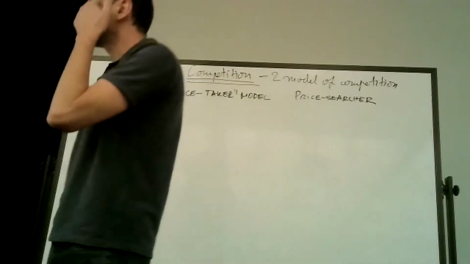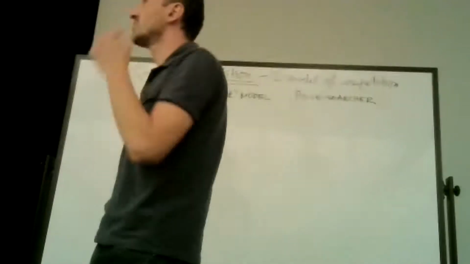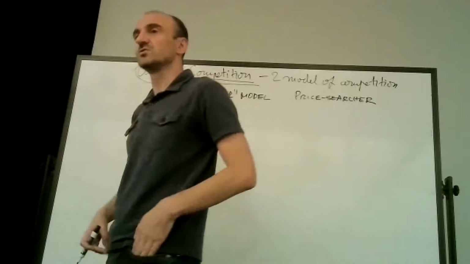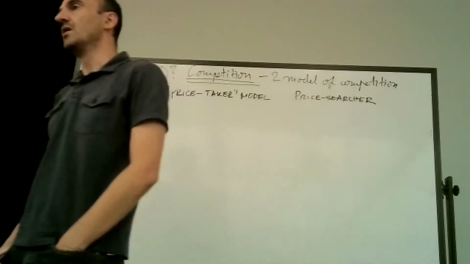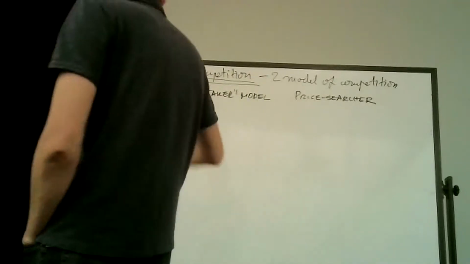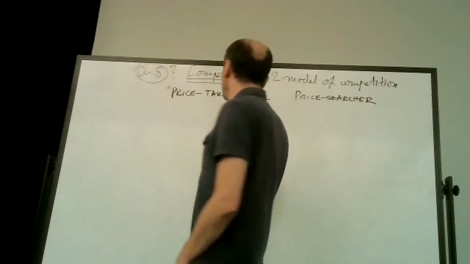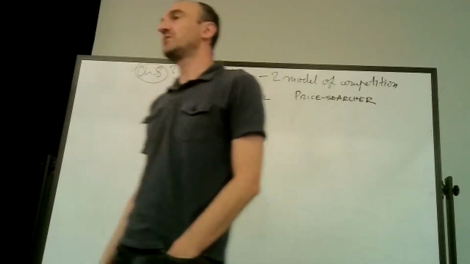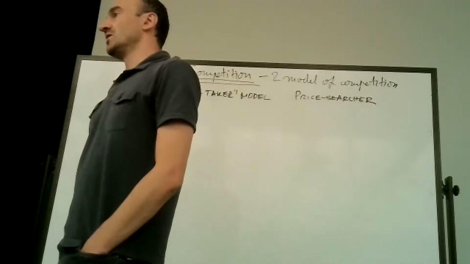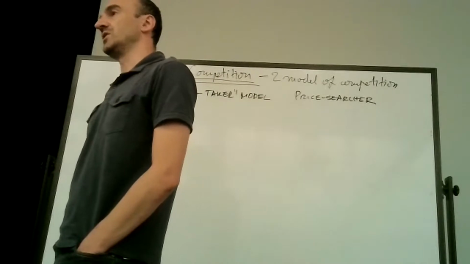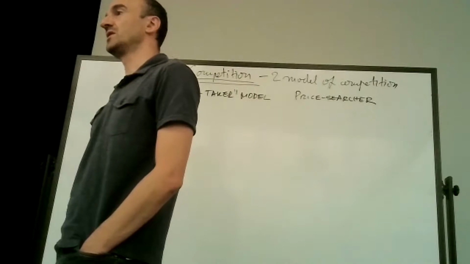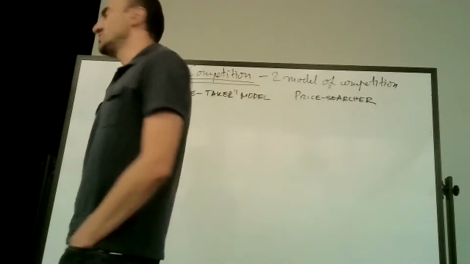So we'll see next time. I will say something more about competition than these two simple models that we are going to define today. What these two models have in common is that they try to study a competitive process of rivalry between the firms on the market in static conditions.